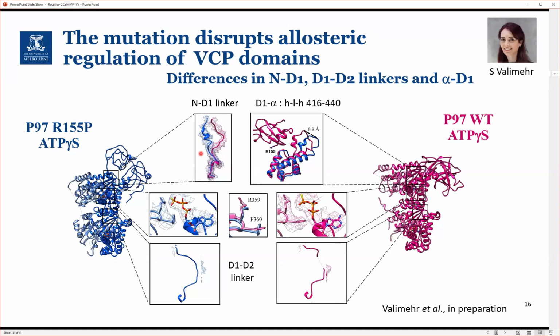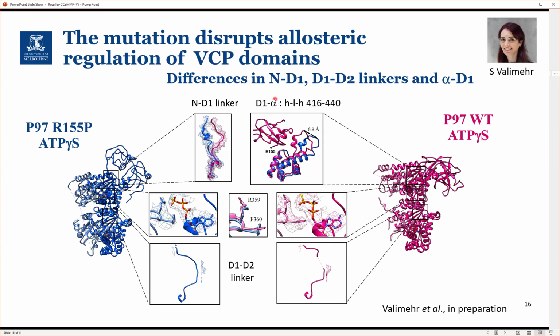So you could imagine that you have a hexamer composed of, for a total, three domains per monomer times 6, 18. So the coordination of these domains is very important for function. And she saw that the mutant really affected the coordination by changing the conformation of a linker.